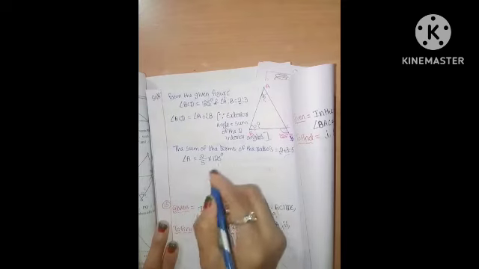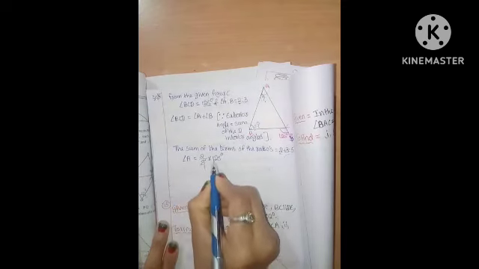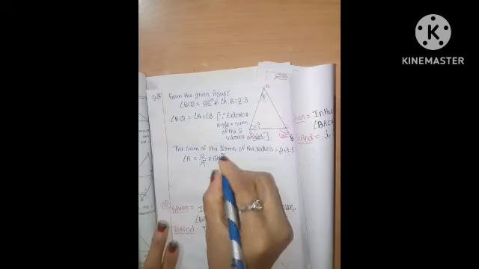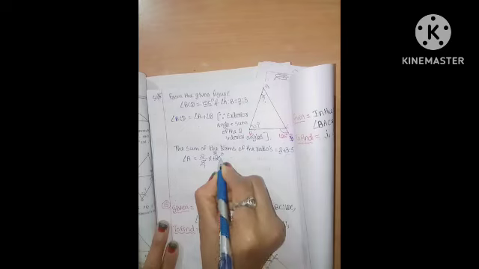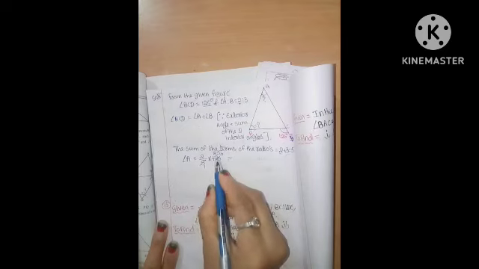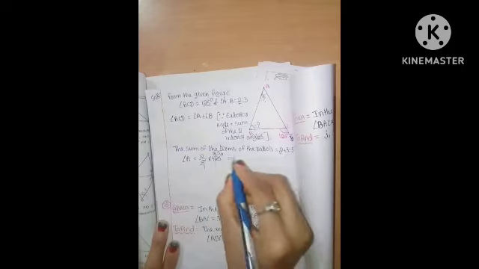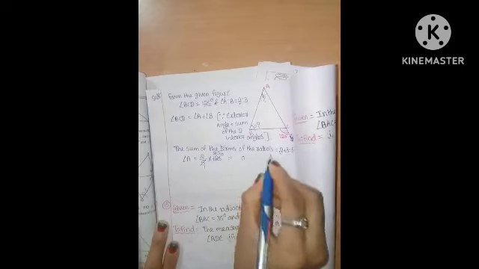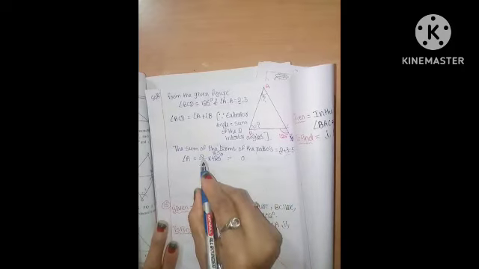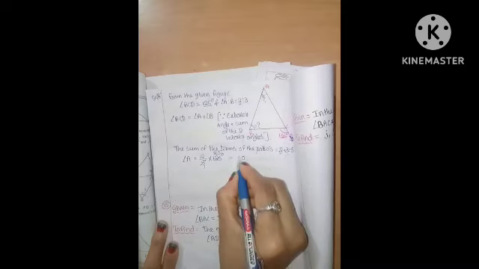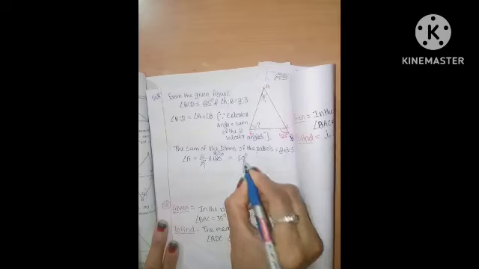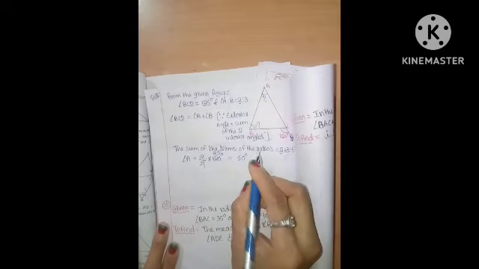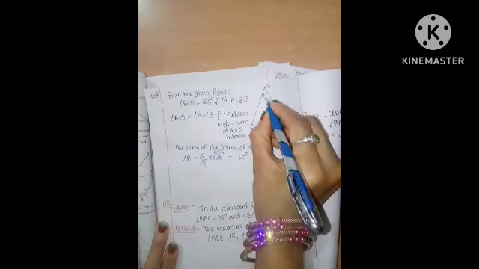Simplify by cancellation: 5 ones are 5, 5 twos are 10, and 2 is left, so 25. Then 25 times 2: 5 twos are 10, 1 carry, 2 twos are 4, 4 plus 1 is 5. So angle A equals 50 degrees.